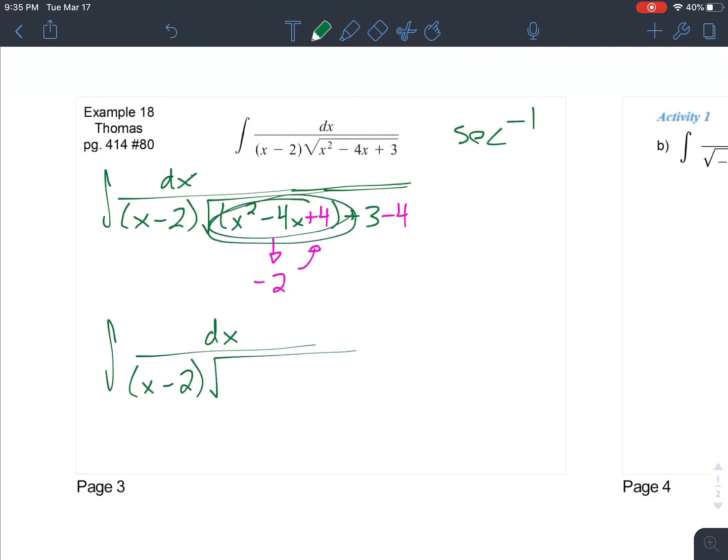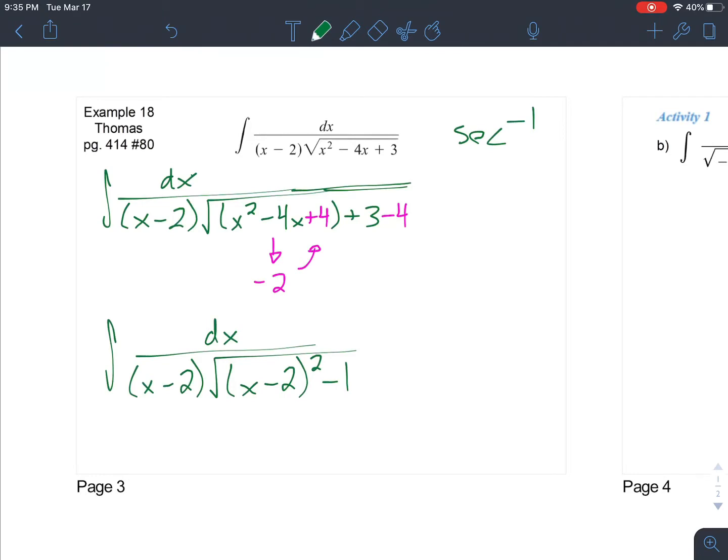And then inside the square root, this part here factors into x minus 2, and we're going to square that. And then the second part, the 3 minus 4, we know will be minus 1. And now this happens to match the form that we need for arcsecant perfectly.